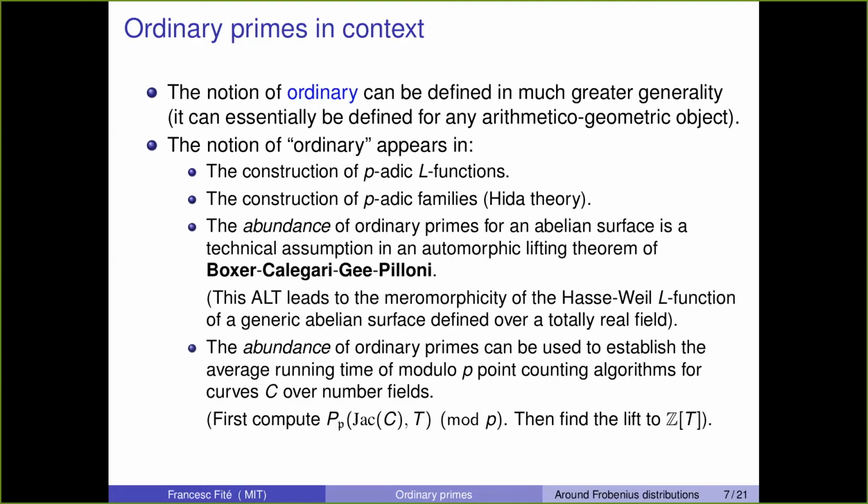But there are some cases when one really uses that there is an abundance of ordinary primes. One example of this is an automorphic lifting theorem by Boxer, Calegari, Gee, and Pilloni, which takes as an input the abundance of ordinary primes for abelian surfaces, and that's the automorphic lifting theorem that leads to the meromorphicity of the Hasse-Weil zeta function of a generic abelian surface defined over a totally real field.